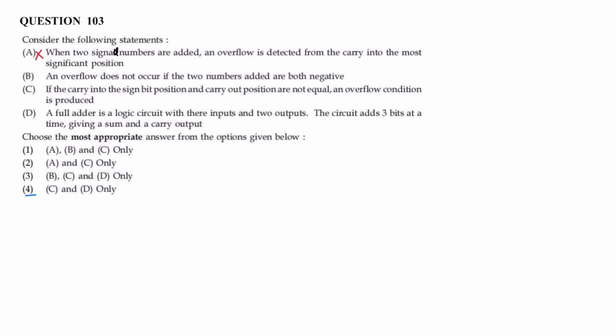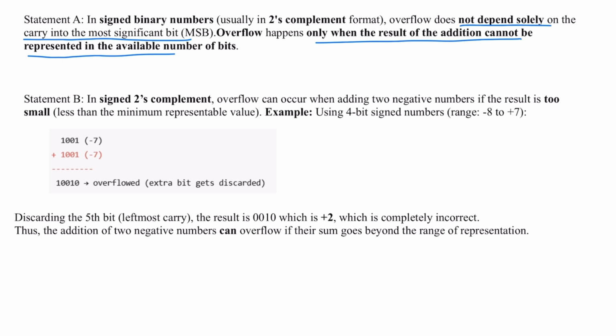Statement B, an overflow does not occur if two numbers added are both negative. Statement B is incorrect. An overflow may occur. Let us see an example. 1001, that is minus 7, plus 1001, minus 7. If these two are added, the result is 10010, overflow.